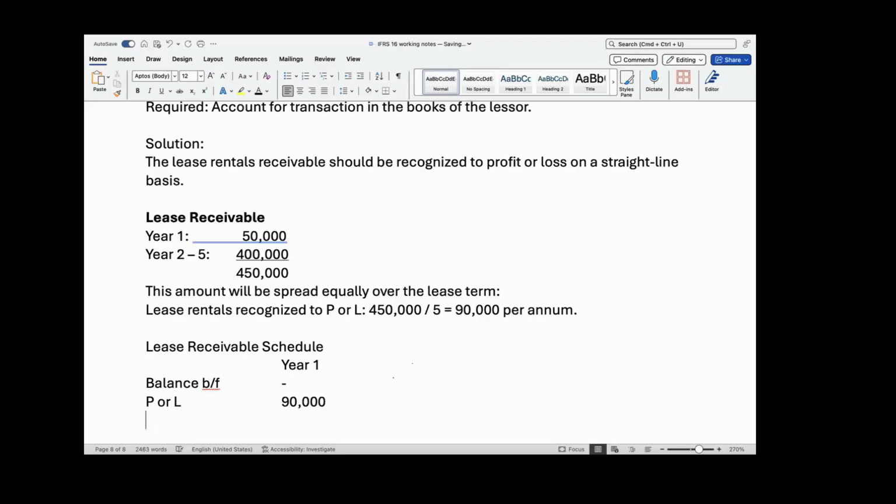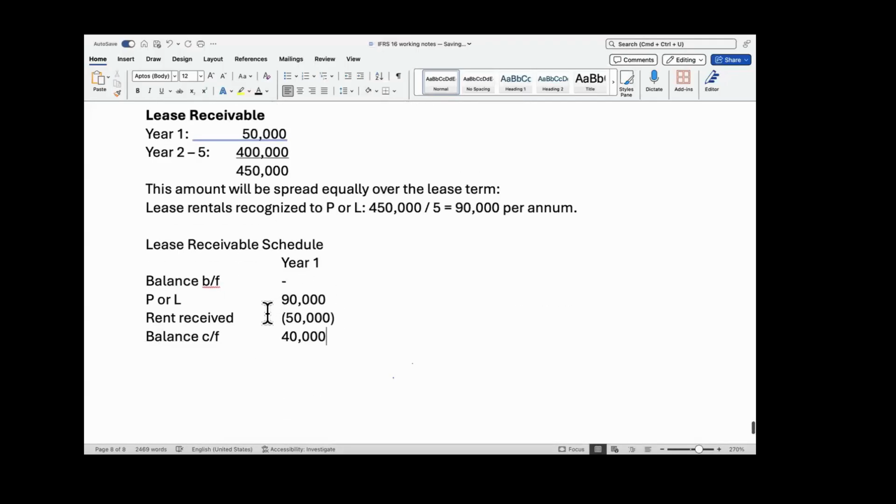So the rent received in year 1 is 50,000, since we are telling the guy to only pay 50,000, so there's a balance of 40,000 in year 1.